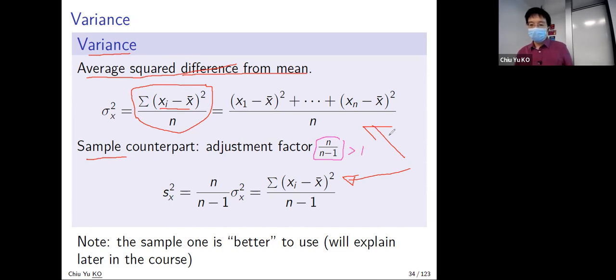The reason why we have this will be clear when we go to topic 5 of our course. But to put it in short, this will be a better measure when we use a sample. What do I mean by that?